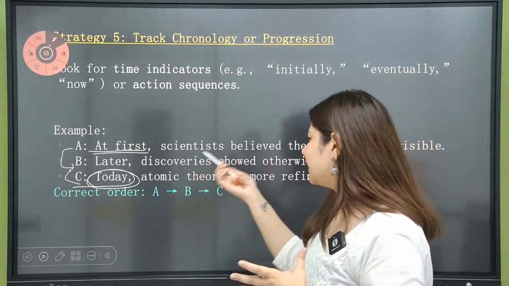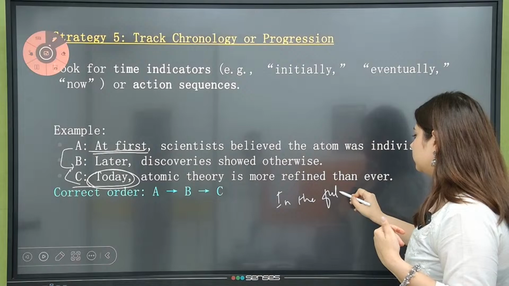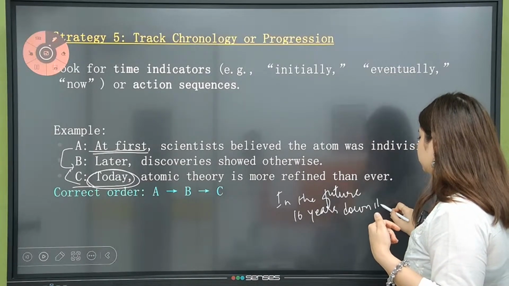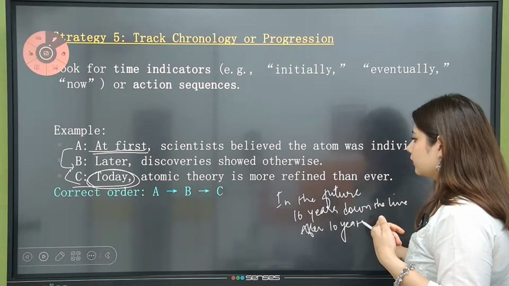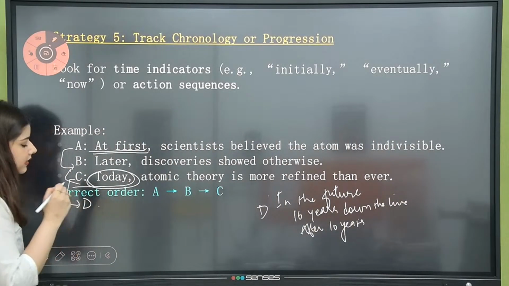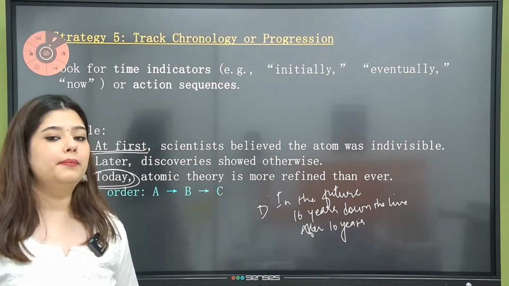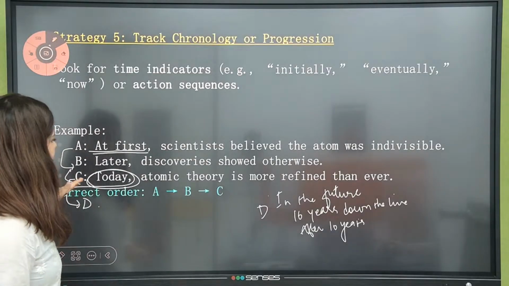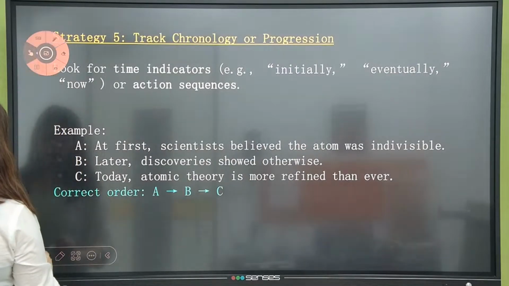So past, and then if there was a line that said in the future, or 10 years down the line, or after 10 years, that statement would have come after C because it talks about the future, what would probably happen in the future. In that case, it would have been A, B, C, and D. So, this is something that you need to look out for.